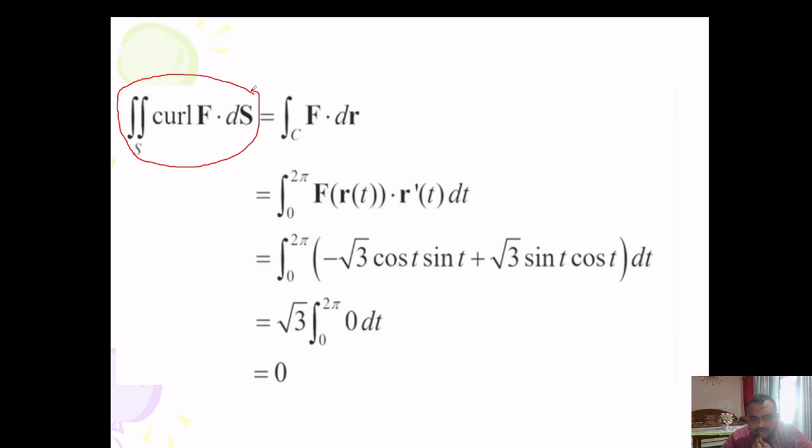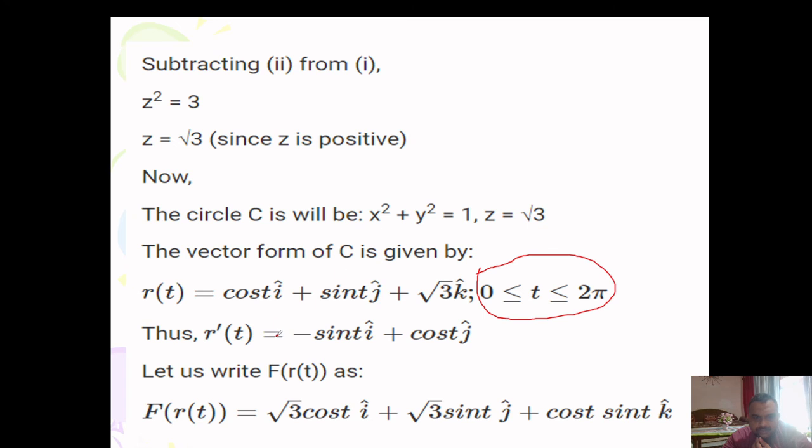Instead, I just have to find the line integral of the vector. So I put the value of force in terms of t, and then I put the value of r dash. So I have r dash and f.